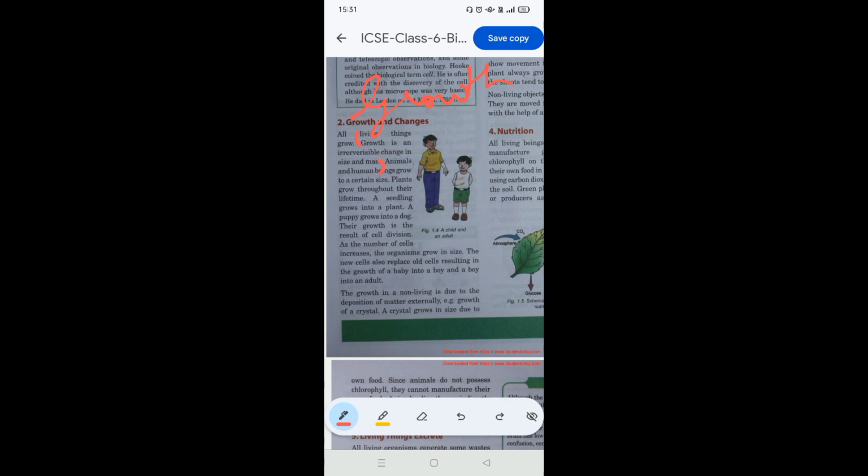Animals and humans grow to a certain size. So, growth is an irreversible change in size and mass. This is the definition of growth.